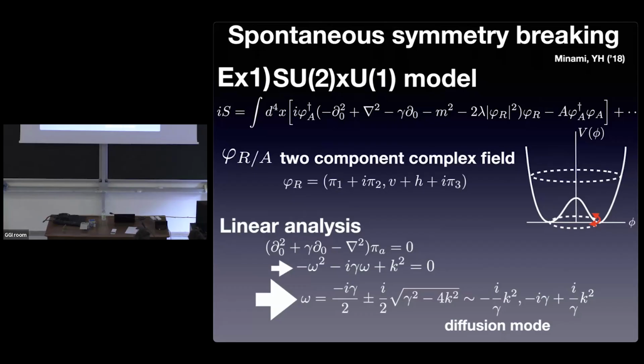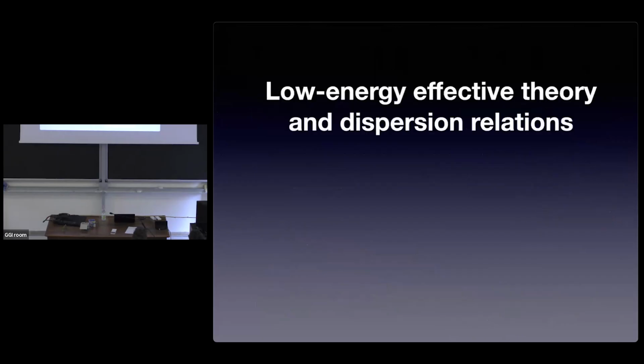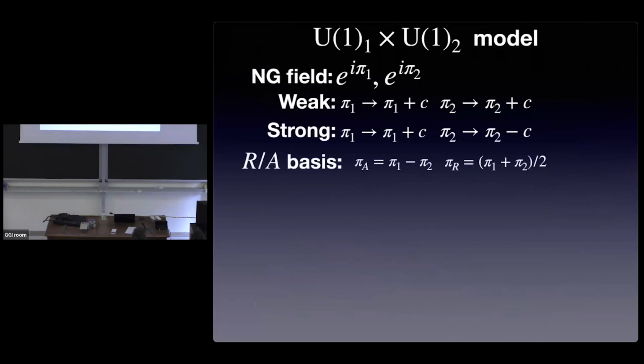So the ordinary Nambu-Goldstone boson, originally a propagating gapless mode, turned into one diffusion mode and one damping mode. That is the fate of the open system in this case. So this is a model case. Now we want to understand this phenomenon by using the low energy effective theory.